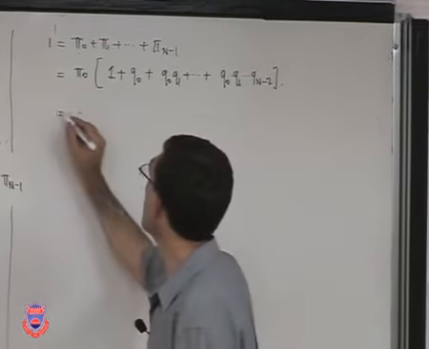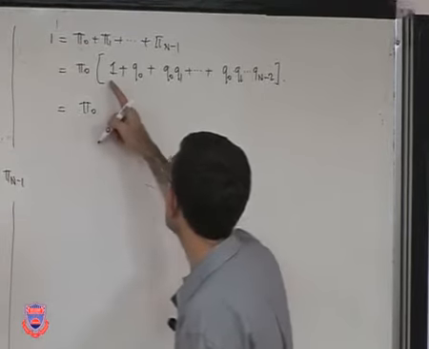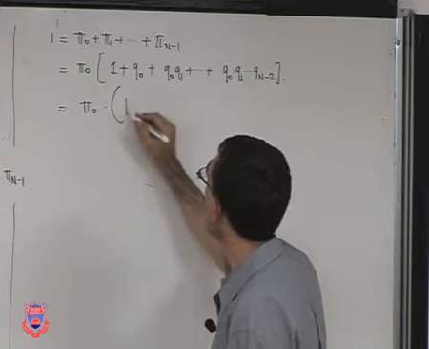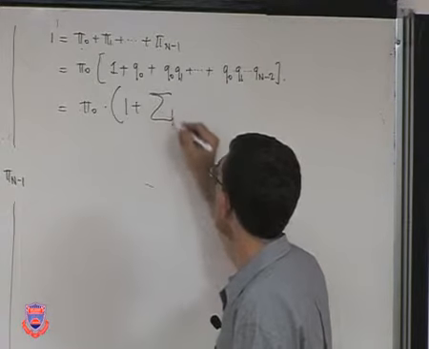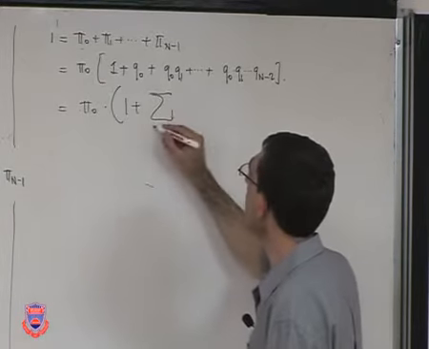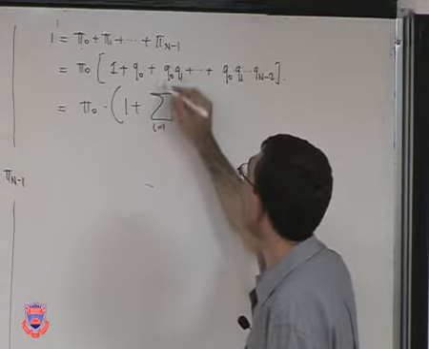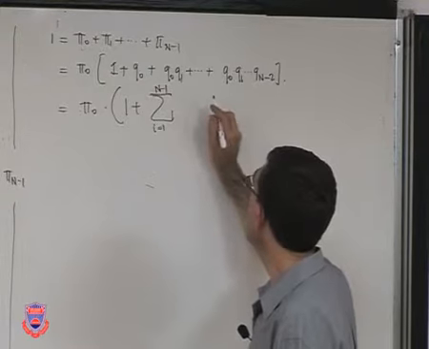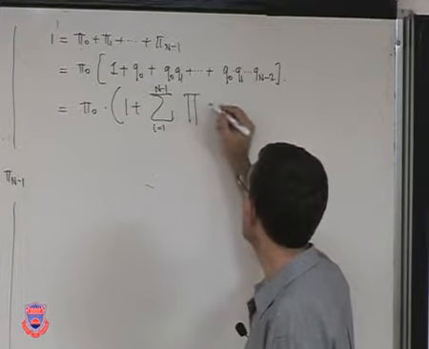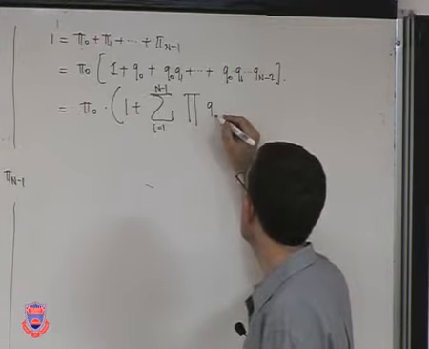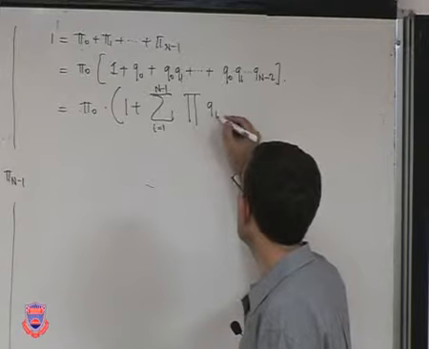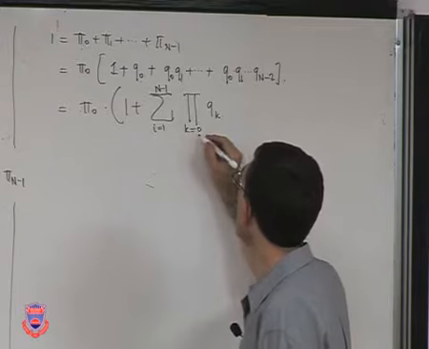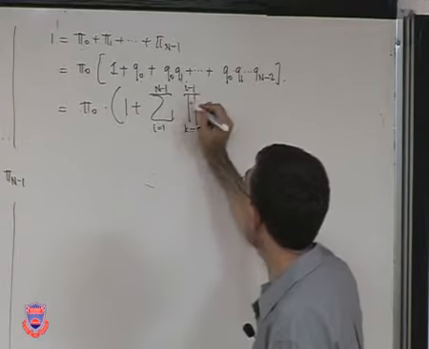We can write this in a more compact way. This is the sum of products. So you have 1 plus the sum, and the sum goes from 1 to n minus 1, of what? You multiply q sub k, let's say, k starts from 0 and goes till i minus 1.